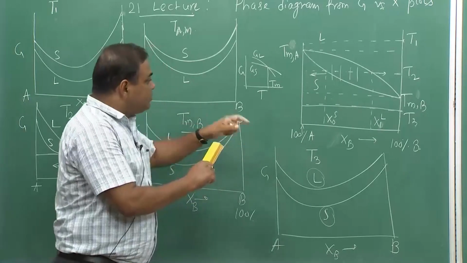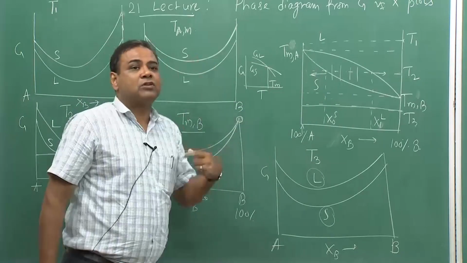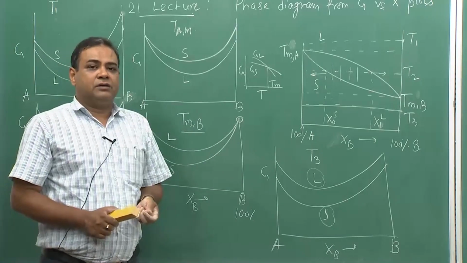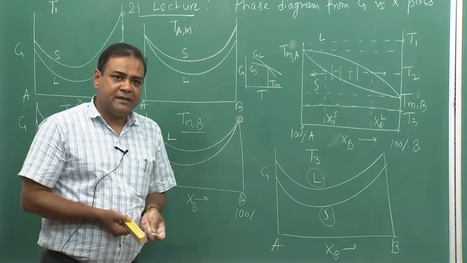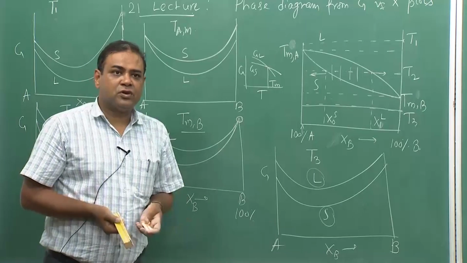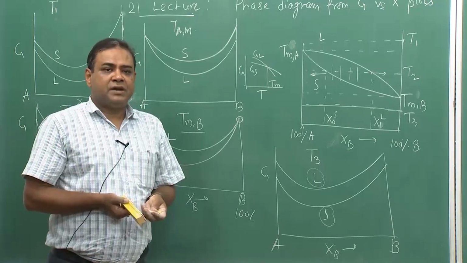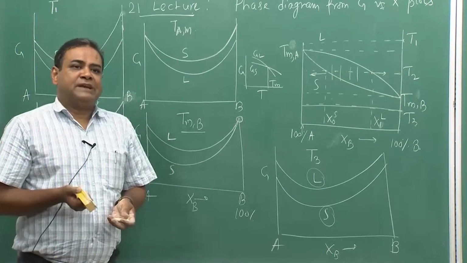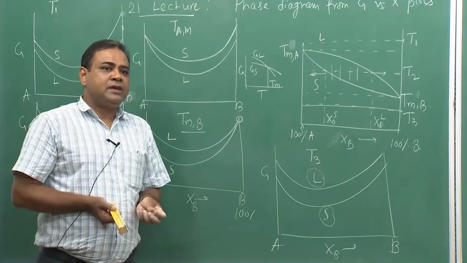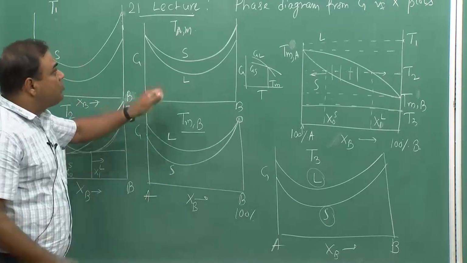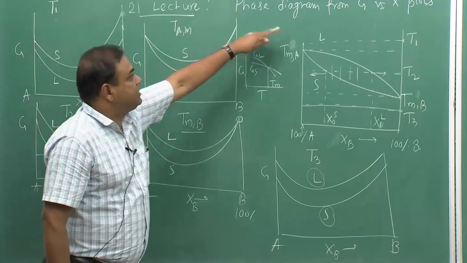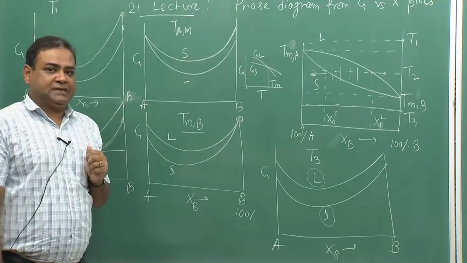Now this same approach you can also take to draw a eutectic phase diagram, a eutectoid phase diagram, and a peritectic phase diagram. So you can see how we can draw a phase diagram from G versus X plots.